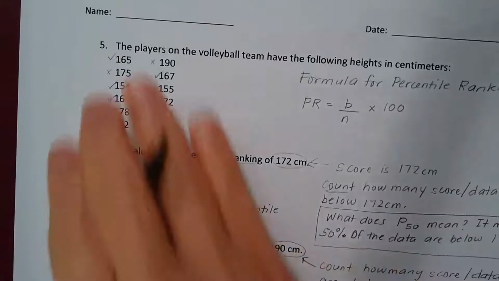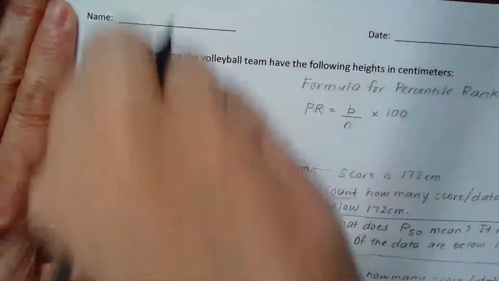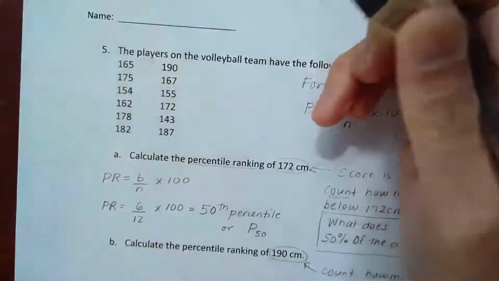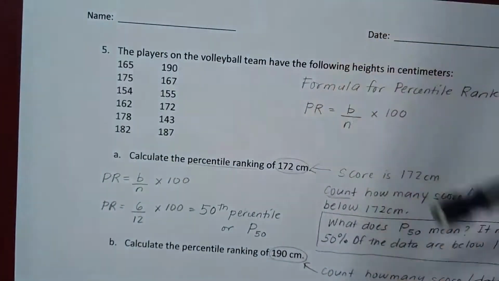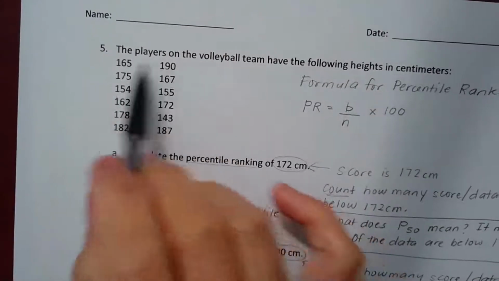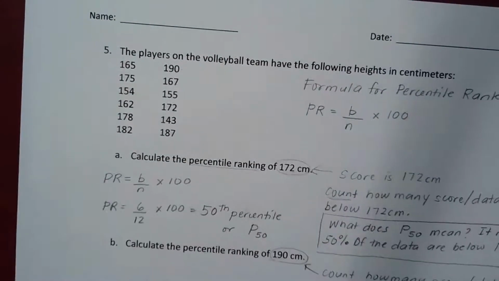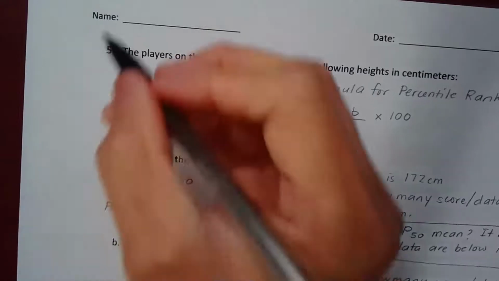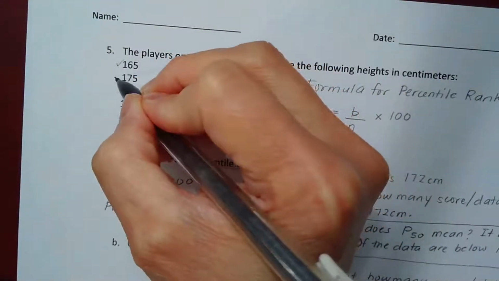So let's go up here because these are all of our data. This is not in order from smallest to biggest, so I have to be really paying attention in here. How many of these players are below 190? So this is below 190.